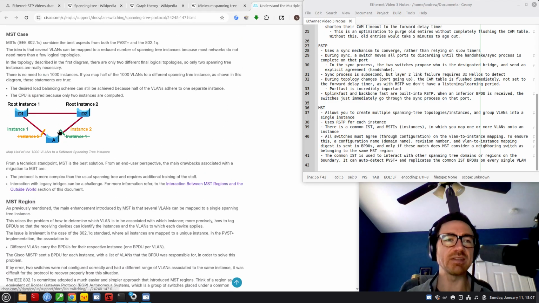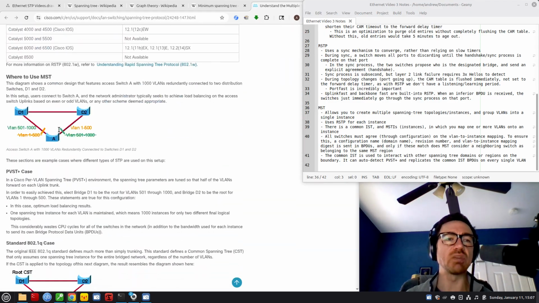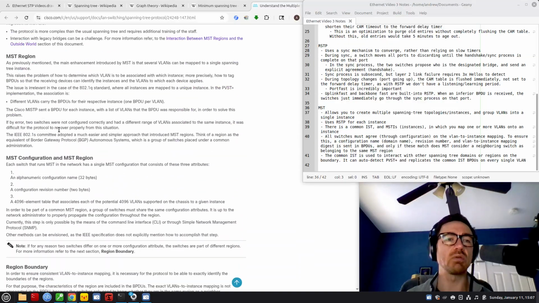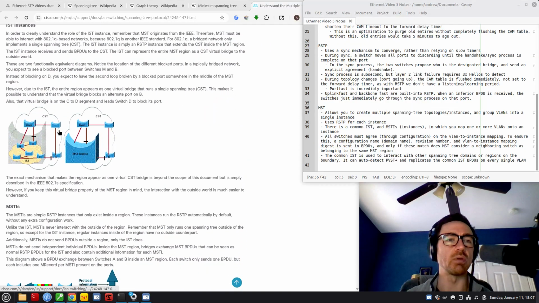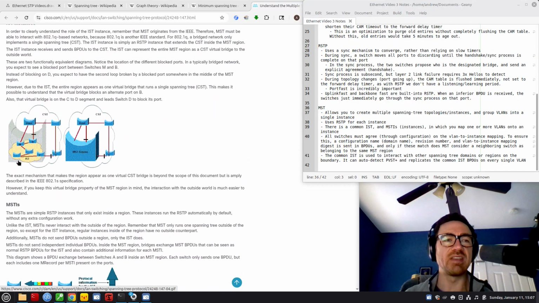And the common IST makes the MST region appear as one switch. So if we look here, this is the MST region, and this is a legacy spanning tree domain. To the legacy spanning tree domain, it looks like the MST region is just one switch, because these switches and this switch appear as the same bridge ID.